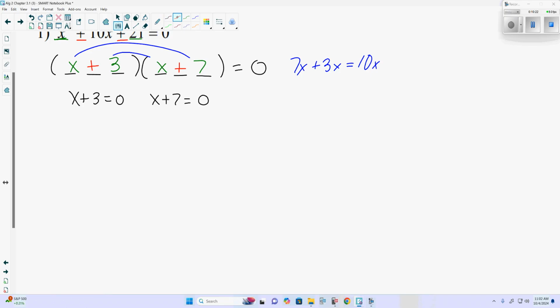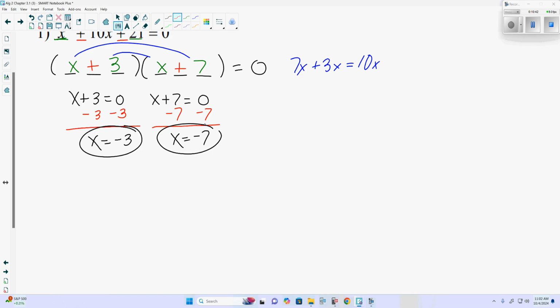And if we solve the one on the left, our x plus 3 equals 0, getting x by itself, first thing we would do is subtract 3. X is equal to negative 3. Our other one, x plus 7 equals 0, we would subtract 7, telling us x is equal to negative 7. And that's it.